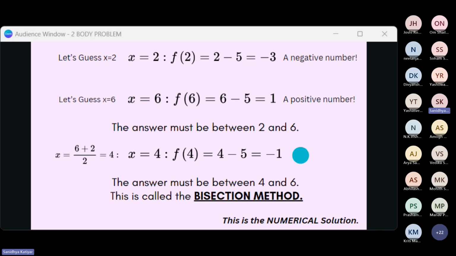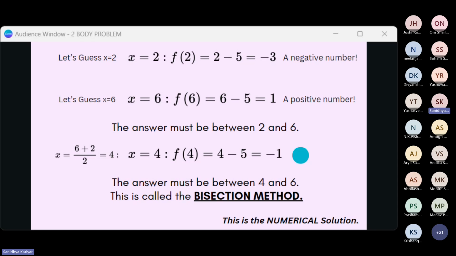Basically what we do in numerical methods is we run a for loop. In the for loop, we keep calculating the new velocity, and using the new velocity we calculate the new position of the object, and using the new position we calculate the acceleration. We keep doing it for thousands of steps.